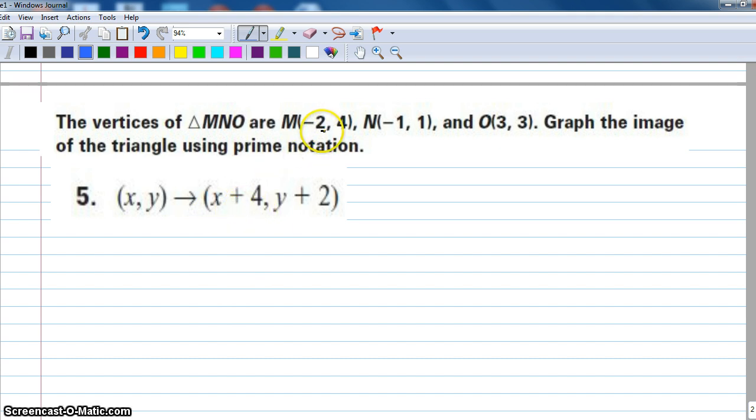So all of these x's, we're going to add 4 to them. And to all the y's, we're going to add 2 to them. We're going to graph them both and see what happened to the triangle.